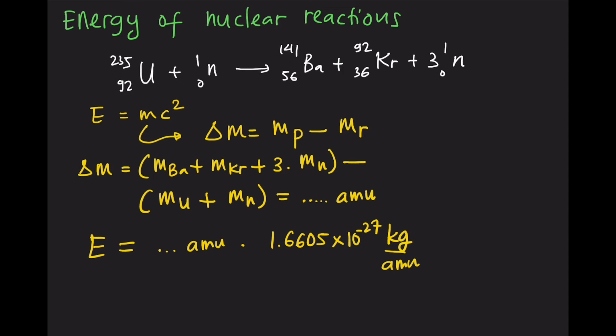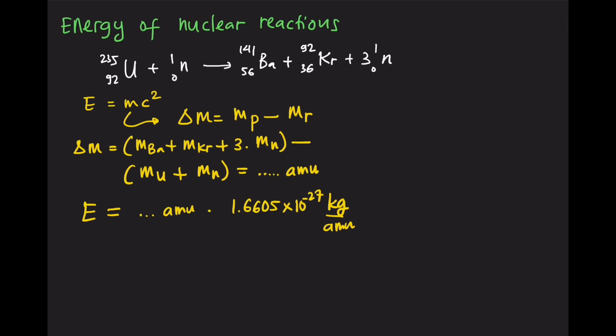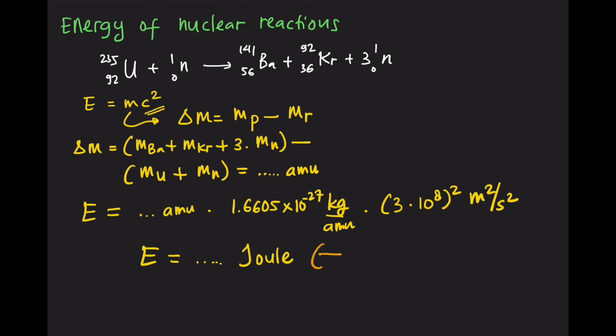And after this, after we got the kilogram, then we can further multiply with the c squared, or the speed of light squared. So 3 times 10 to the power of 8 squared, or meter squared over second squared. Now in this case, we will get the energy in the unit of joule as we want it. And normally the value will be negative because this process releases a lot of energy.